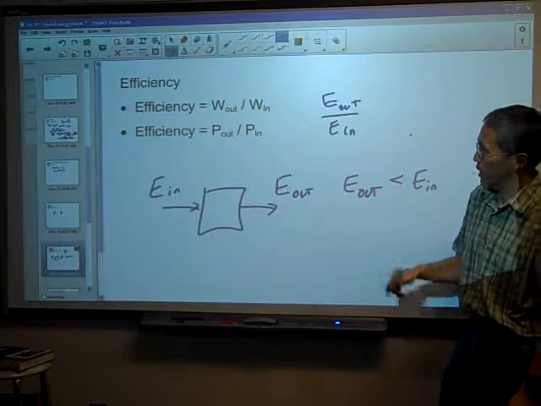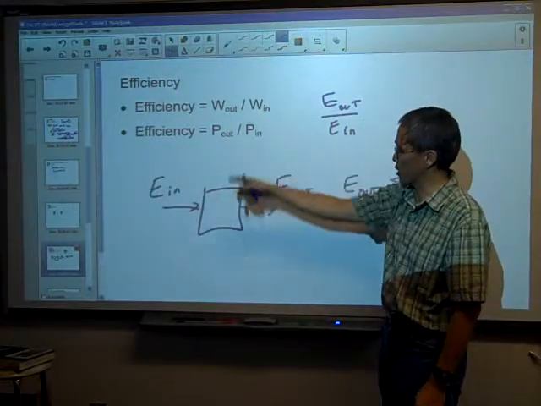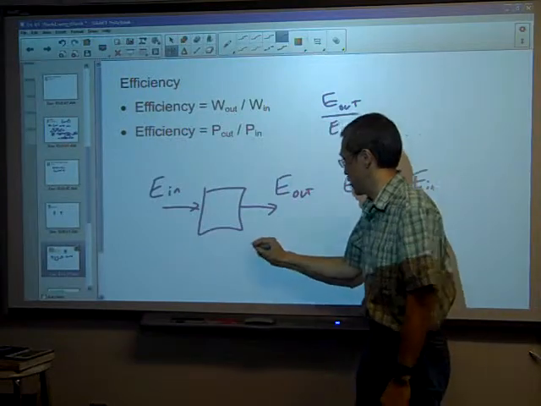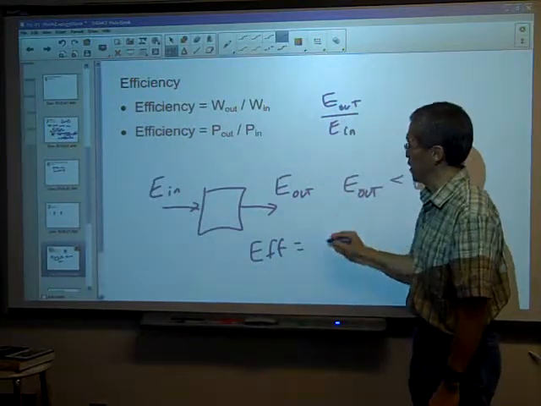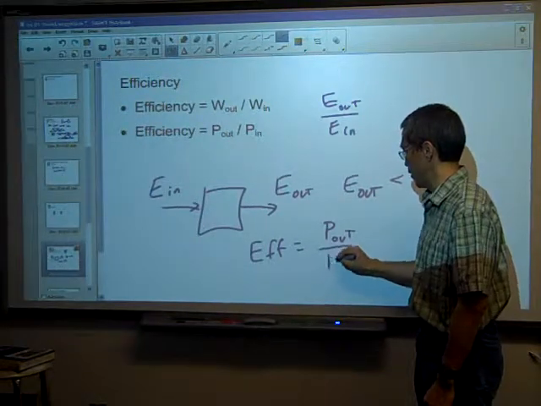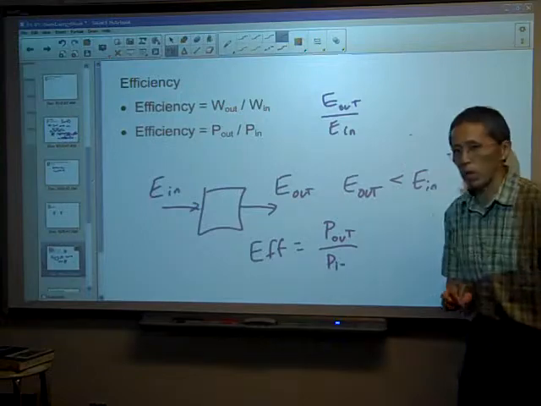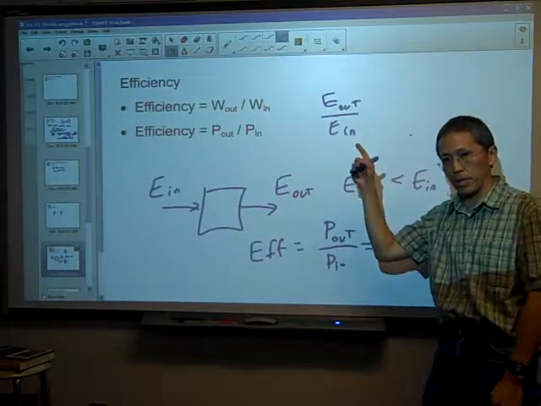And again, efficiency, whether it's power or work, why would it be just power out as well? So efficiency is power out over power in. Why can I say that those are equivalent? Well, what's power? I just mentioned a minute ago. What's power?